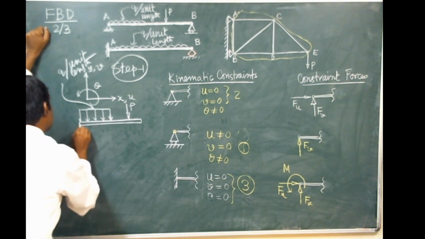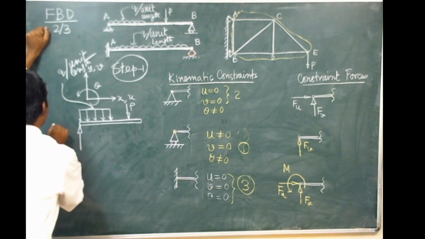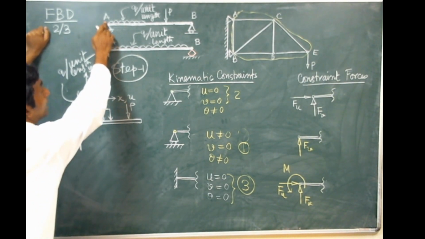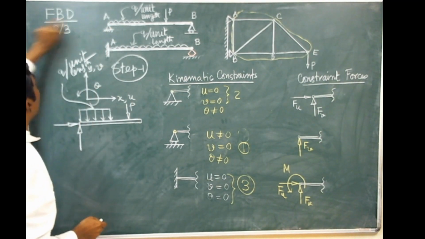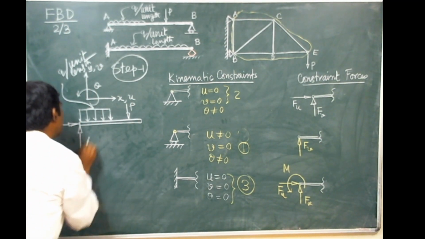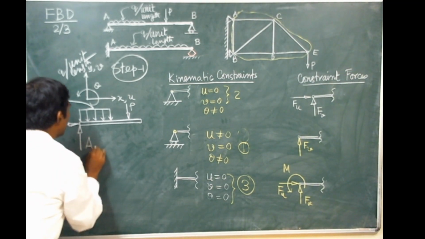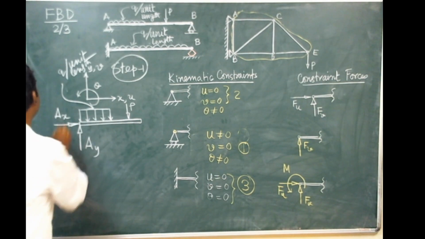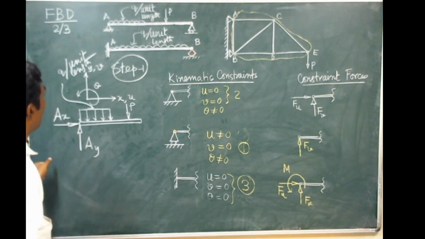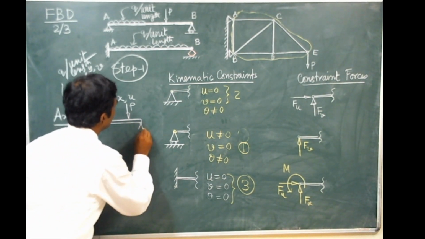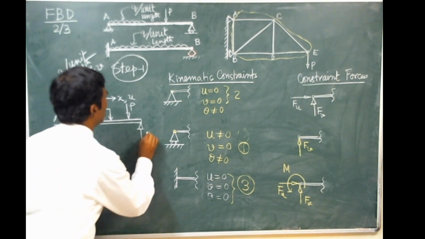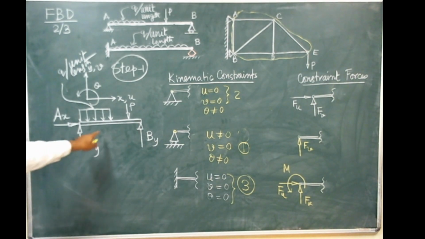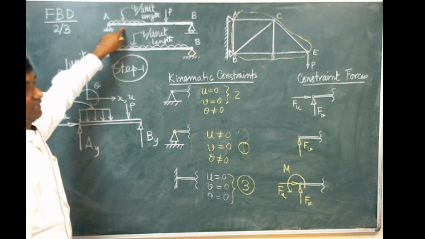So that is this force. We have used the letter A to identify that end. So one choice may be AY and AX. And here you get this force. So this is the free body diagram for the first example.